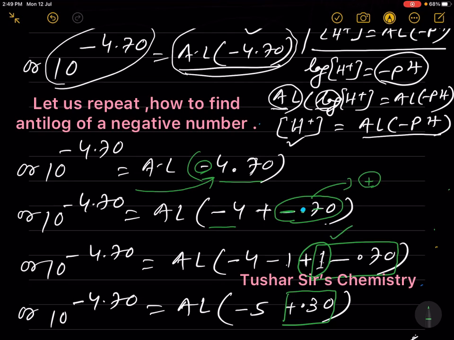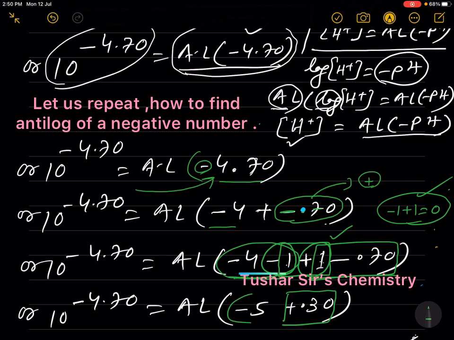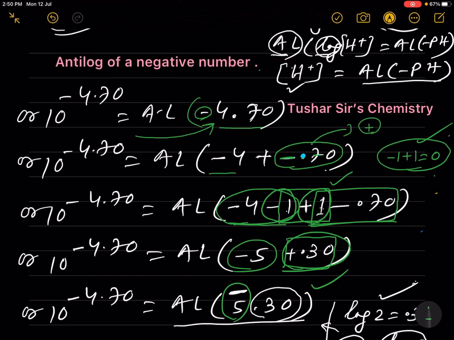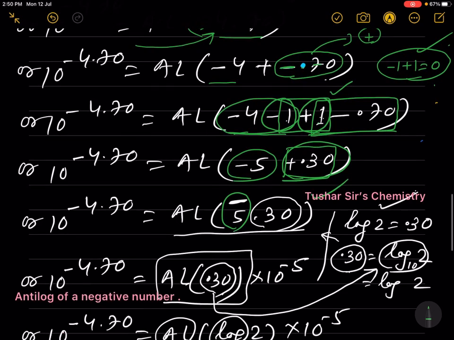As we have added 1, we have to subtract 1 also, so it is written minus 1. Minus 1 and plus 1 becomes 0, so we have not added anything. Minus 4 minus 1 becomes minus 5, and 1 minus 0.70 becomes 0.30. This can be written as 5 bar 0.30. Then we can calculate as usual.